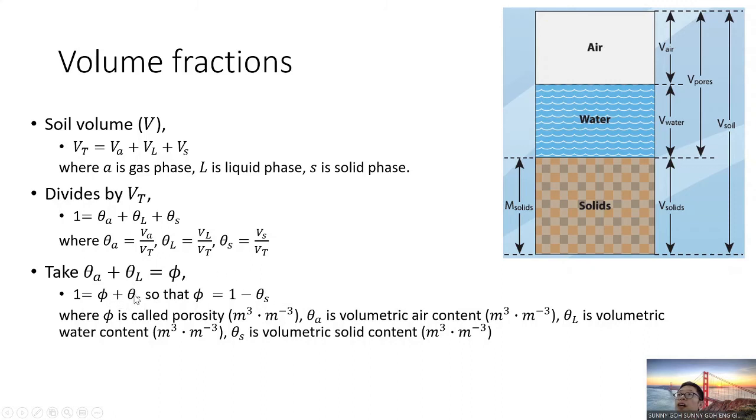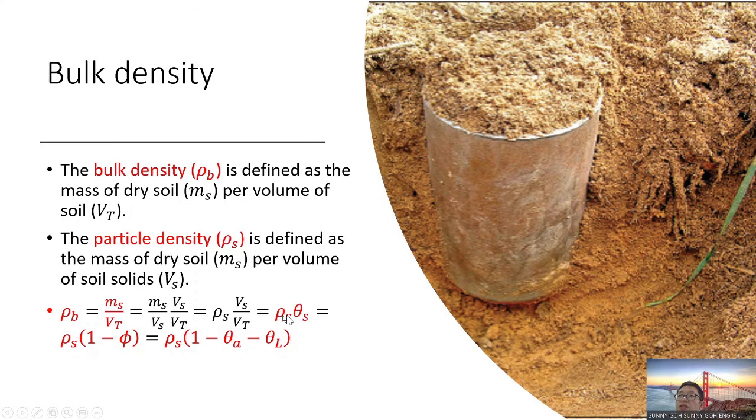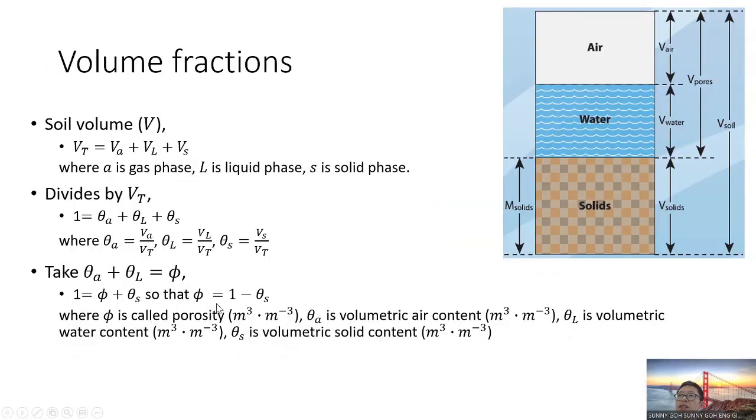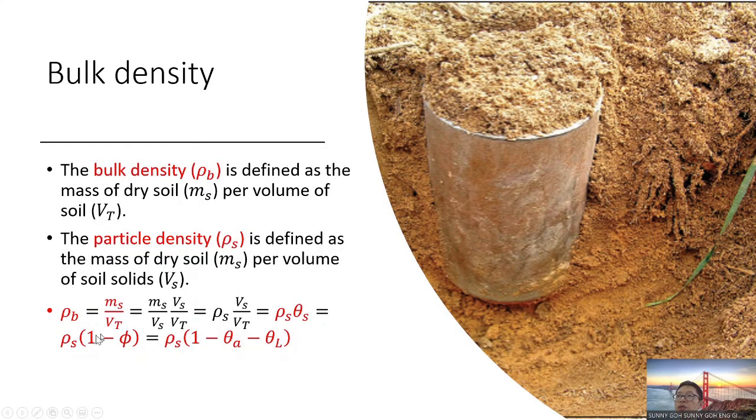As you see in the previous slide, theta s is the volumetric solid content, given by Vs over Vt. Theta s can also be written as 1 minus phi. So you move the theta s and the phi over, and it becomes theta s equals 1 minus phi.